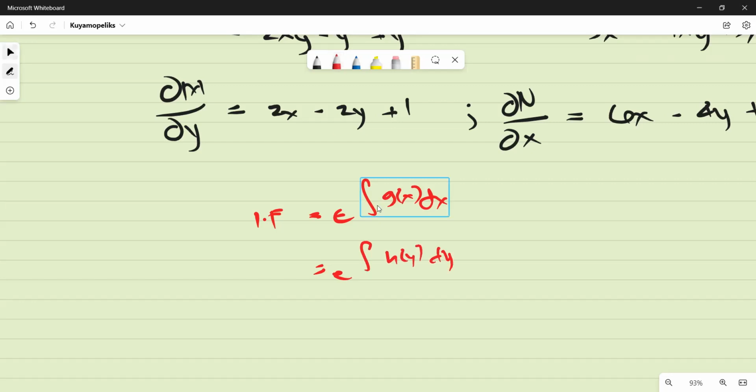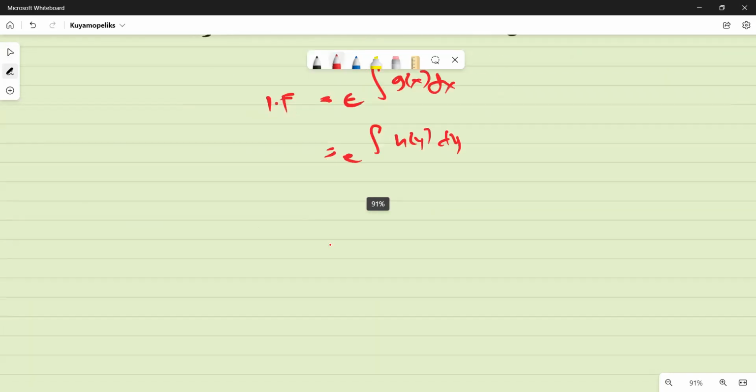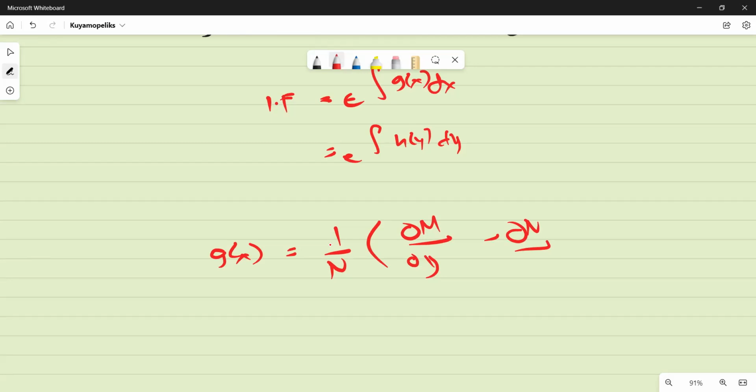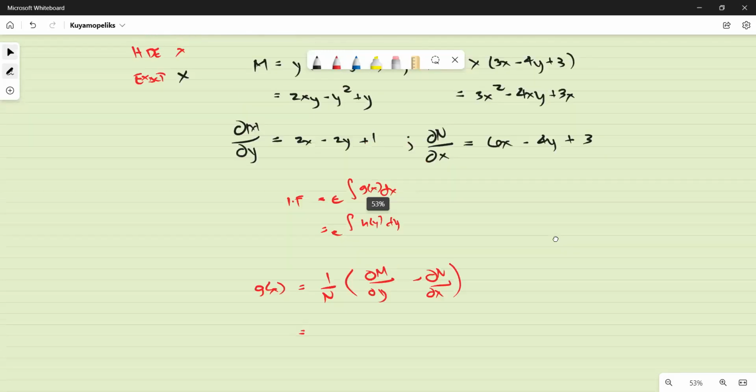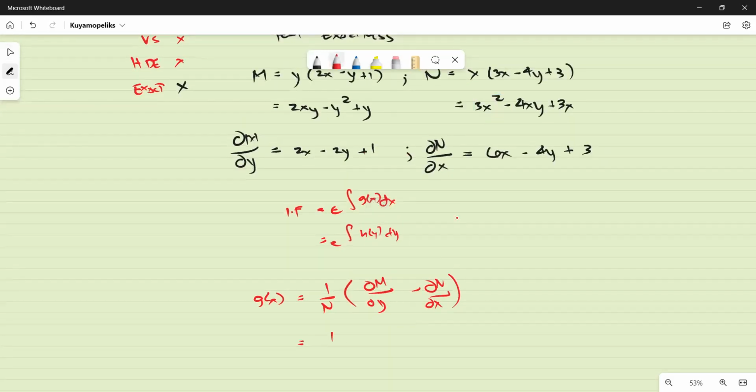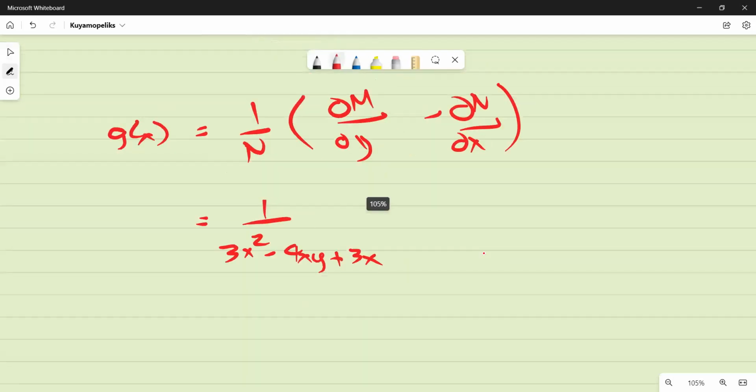Let's first check if g of x is possible. The formula for g of x is 1 over N multiplied by the difference from our test for exactness, the partial with respect to x. So 1 over 3x squared minus 4xy plus 3x.